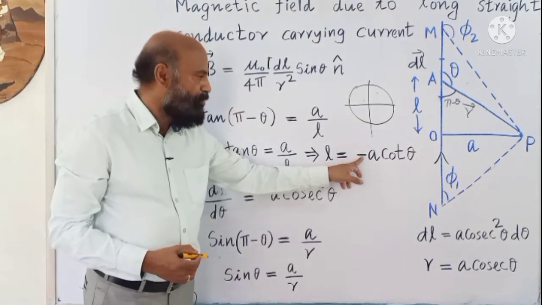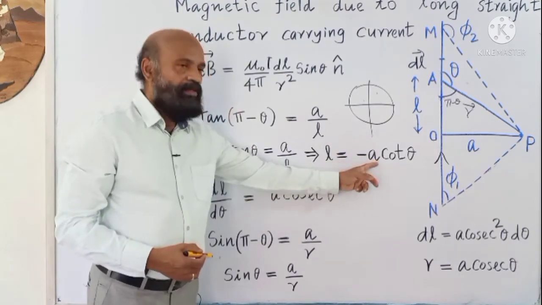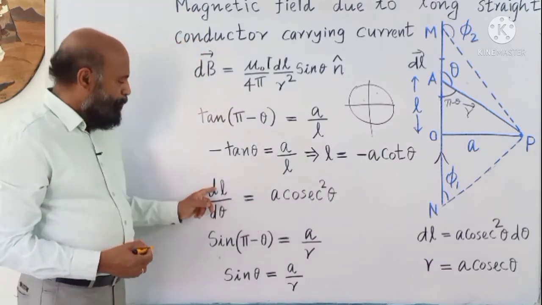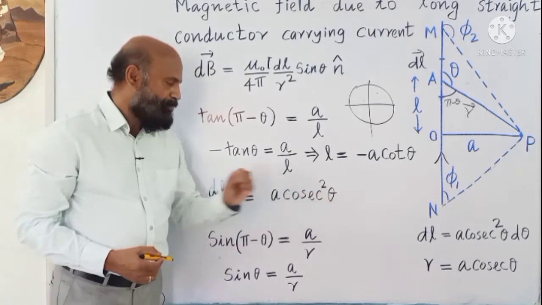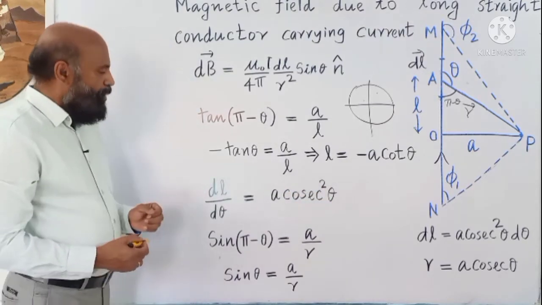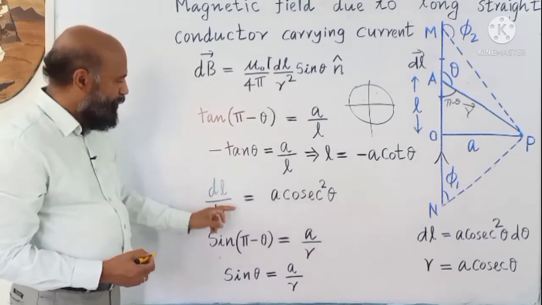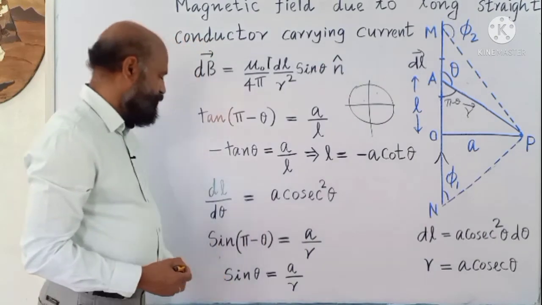Already one negative sign is there, so it will become positive. So dl by d theta is a cosecant square theta. After rearranging, dl is equal to a cosecant square theta d theta.